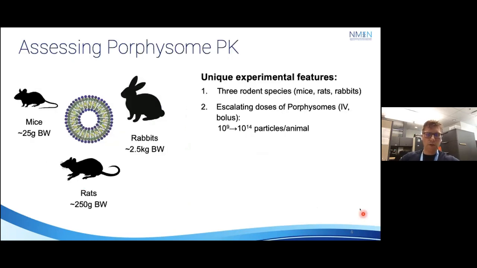So in order to establish a similarity or bioequivalence between porphysomes and liposomes in vivo, we first needed to assess the PK of porphysomes in a manner similar to liposomes previously. So in our PK experiments, we included two unique experimental features that I would like to highlight. First, we explored the PK of porphysomes in 3 species of rodent, mice, rats, and rabbits, and appreciate how the body weight between these species is vastly different, spanning almost 3 orders of magnitude, from 25 grams up to 2.5 kilograms.